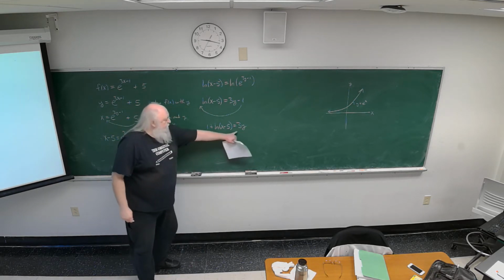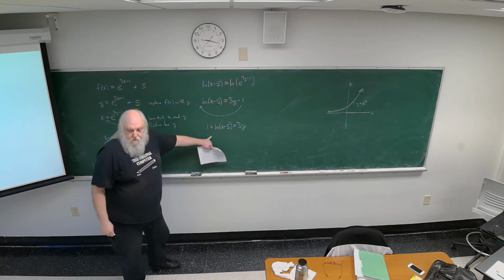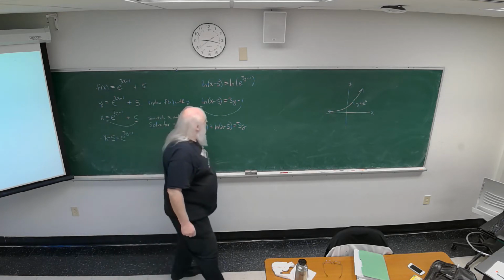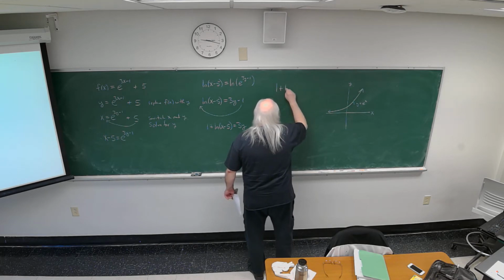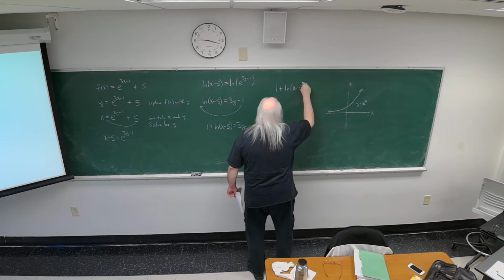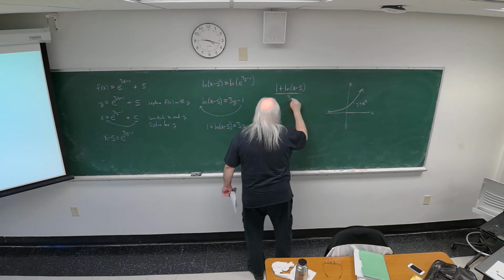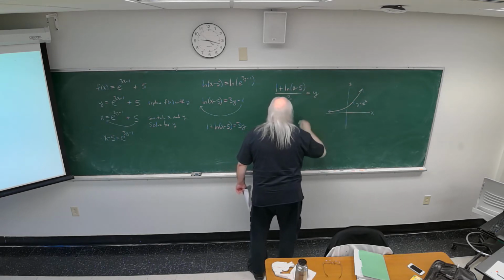And then lastly, I'm going to divide both sides by 3. And we have 1 plus the natural log of x minus 5 divided by 3 is equal to y.